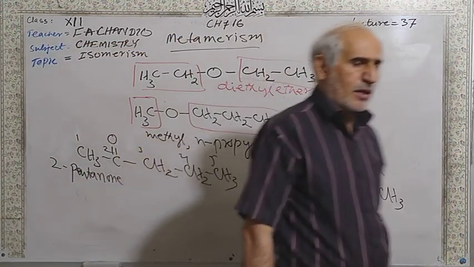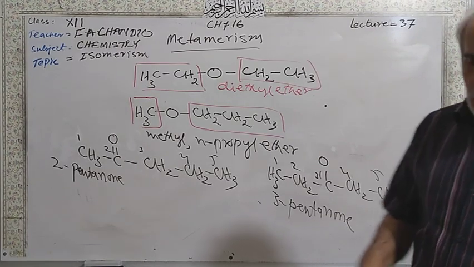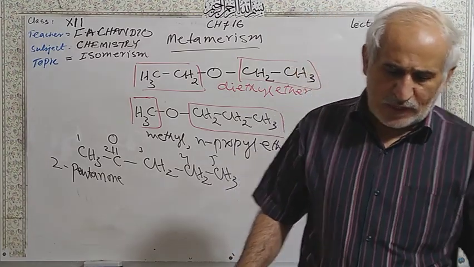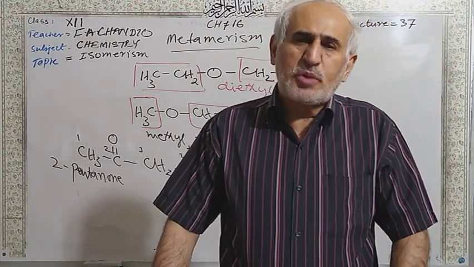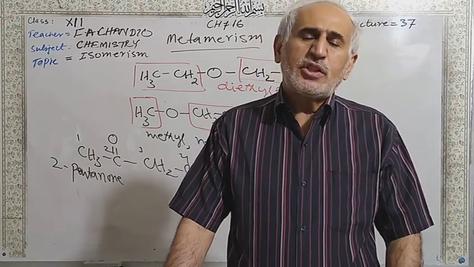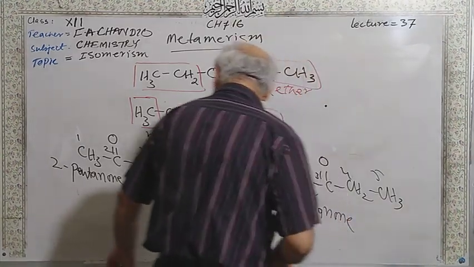Different carbon atoms are going to be attached. These examples are for metamerism. Metamerism is a type of isomerism due to the unequal distribution of carbon atoms on either side of the functional group. Examples I have given.